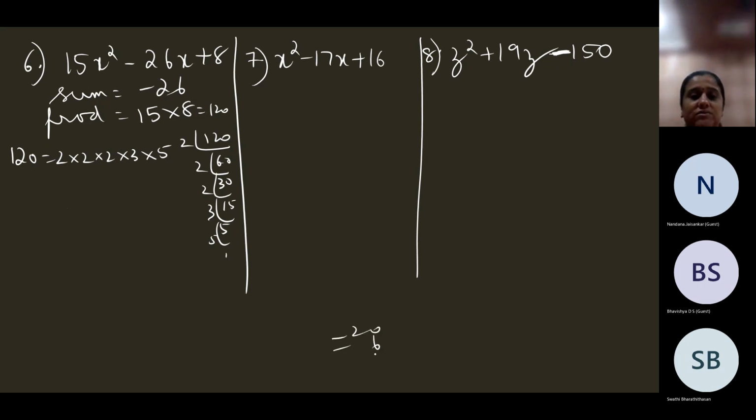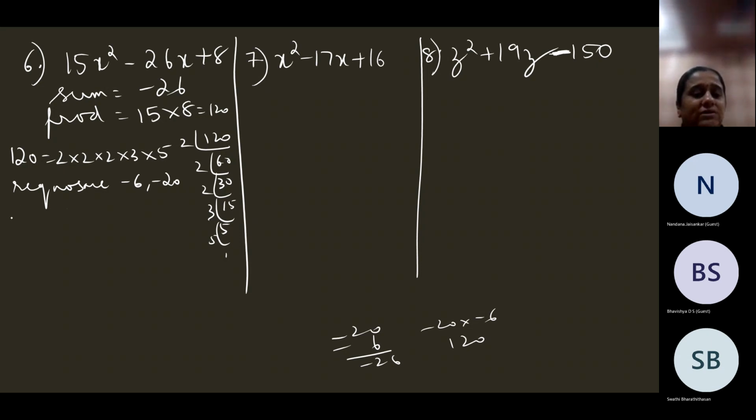So minus 20 minus 6 is minus 26, and minus 20 into minus 6 is plus 120. Very good. So Bhavishya is right. The two required numbers are minus 20 and minus 6. You can write minus 20 first or minus 6 first, any order.